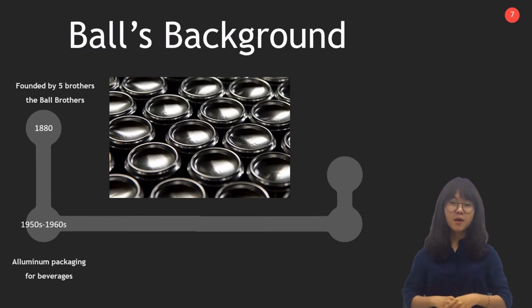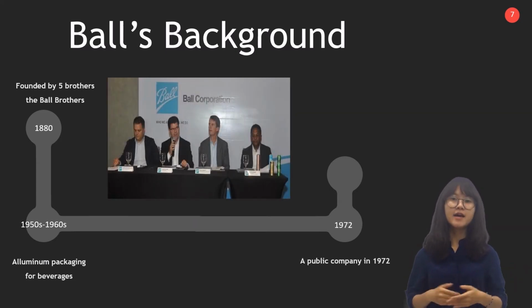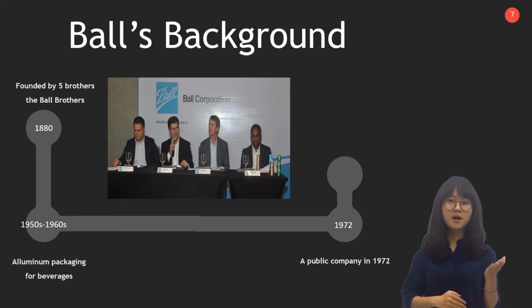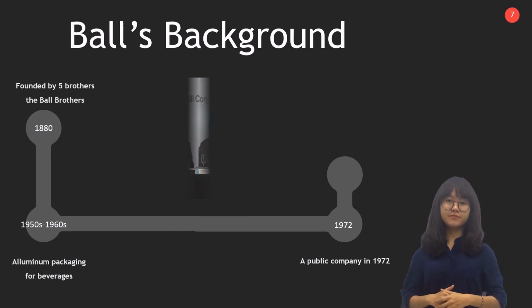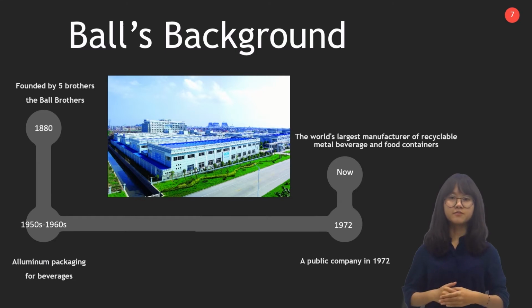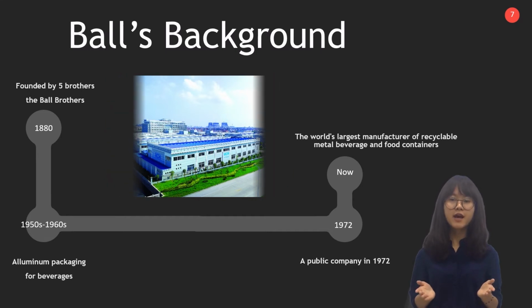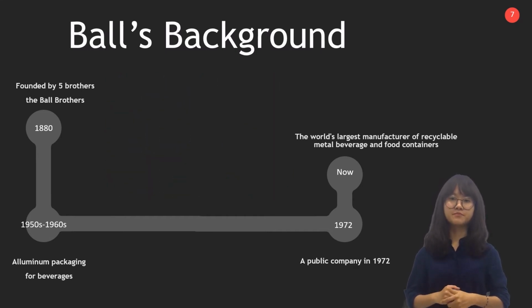After being privately and family owned for many years, in 1972, Ball became a public company. Then they expanded and diversified into other ventures, including aerospace technology, and then they became the world's largest manufacturer of recyclable metal beverage and food containers.